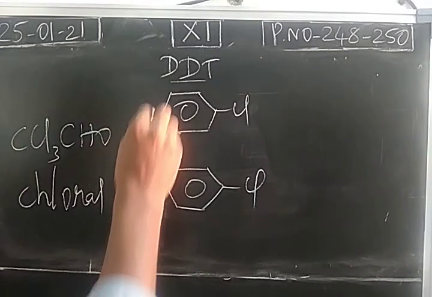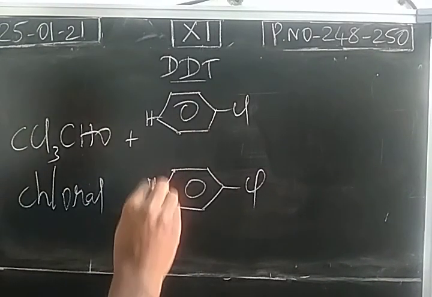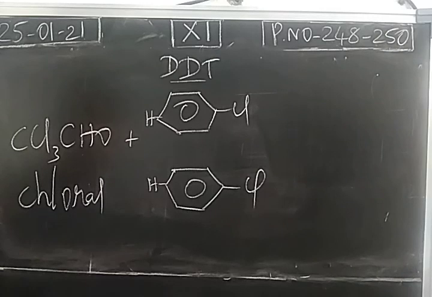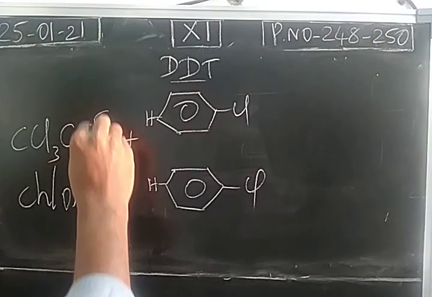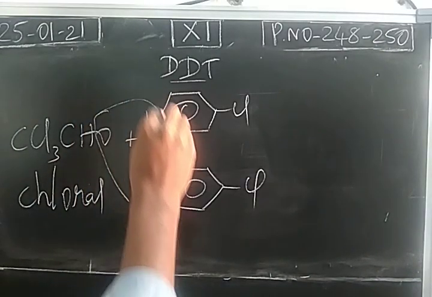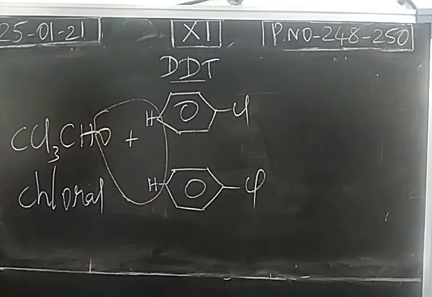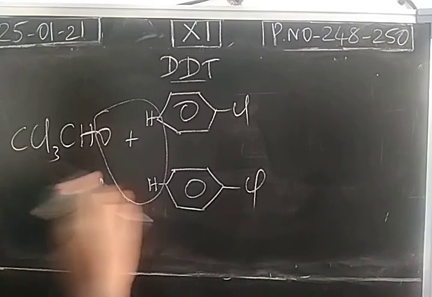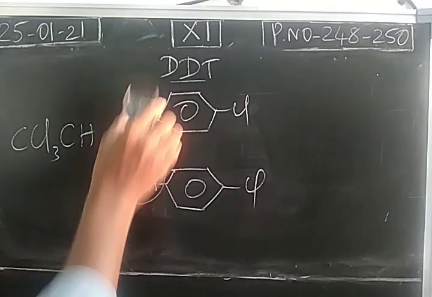We know that at the para position, a hydrogen atom is present. The oxygen of the aldehyde combines with the two hydrogen atoms, leaving as water. So the remaining product we get is DDT.